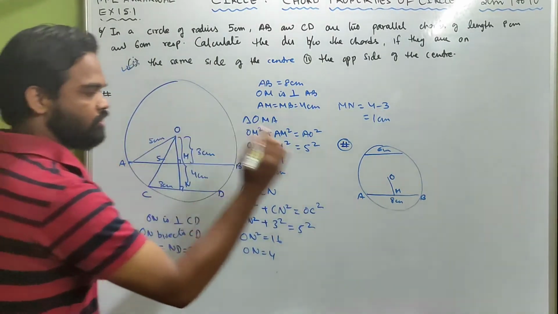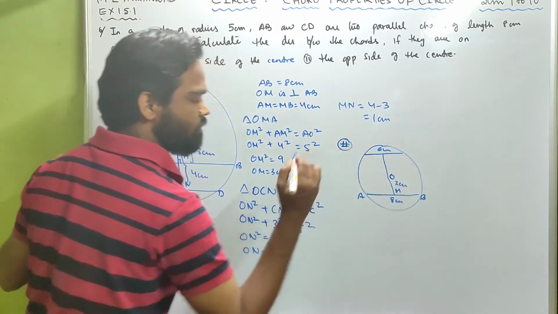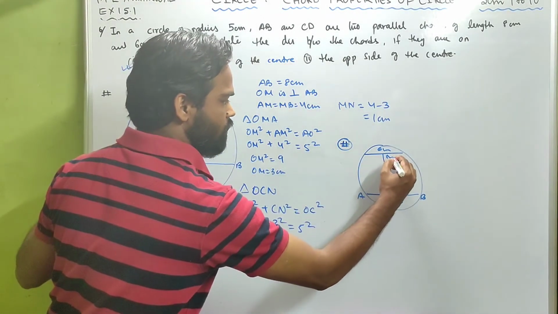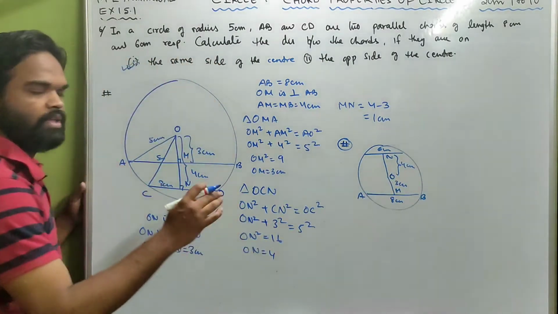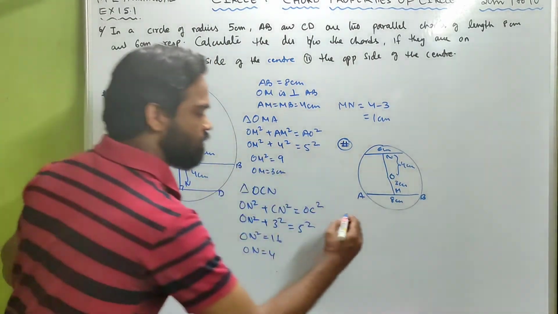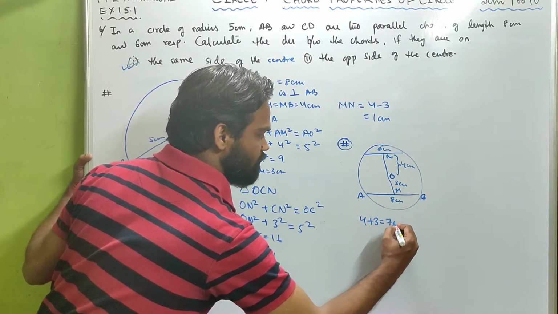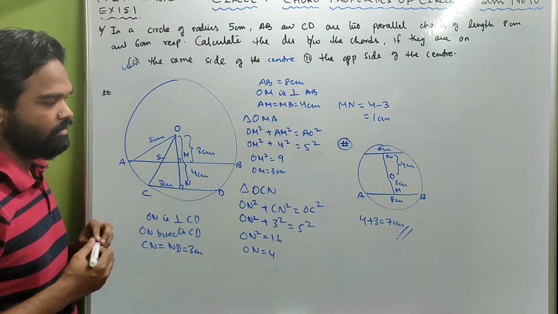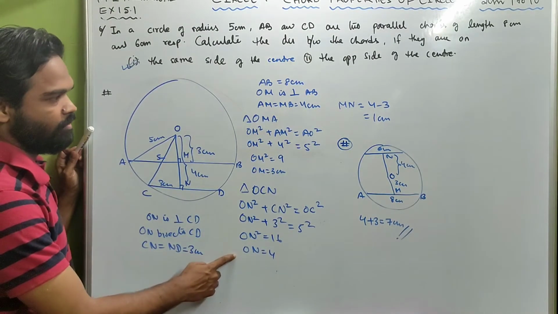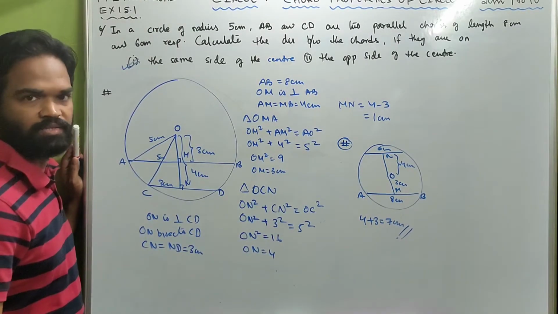So OM we got 3 centimeter. And from the center, suppose this is N, ON we already got as 4 centimeter. So when they are on the opposite sides of the center, the distance between them will be 4 plus 3, that's 7 centimeter. Isn't it? So 1 centimeter is the part 1 answer and 7 centimeter is the part 2 answer.